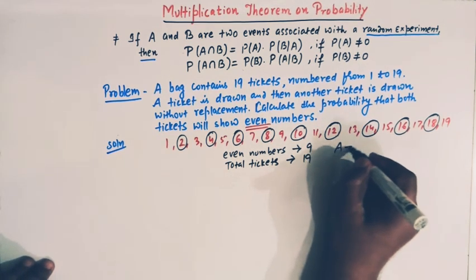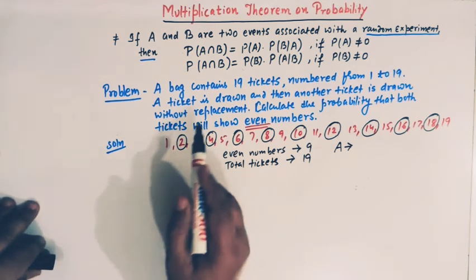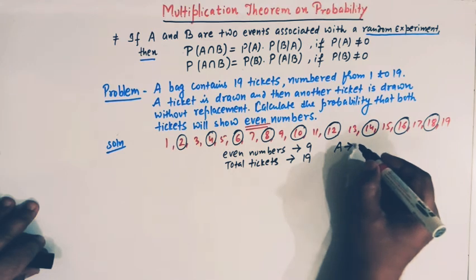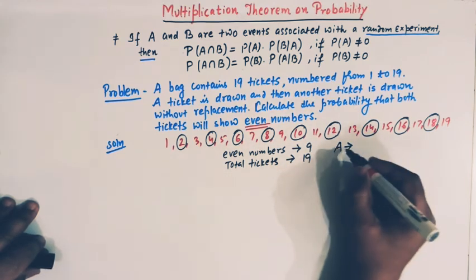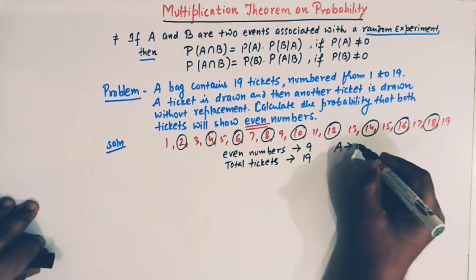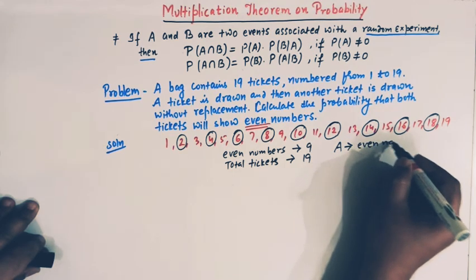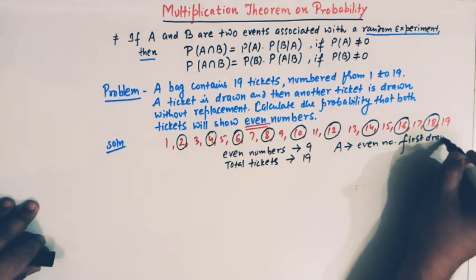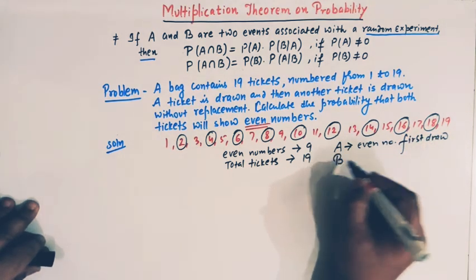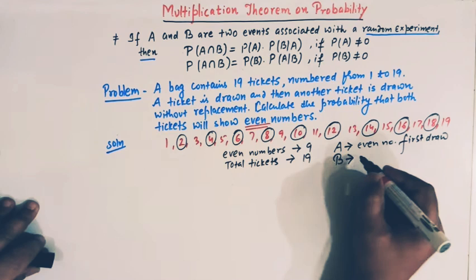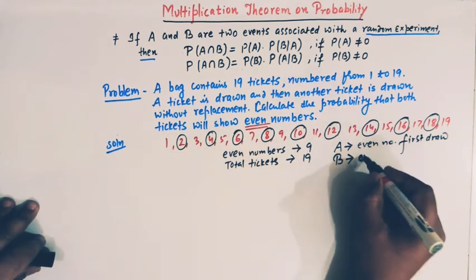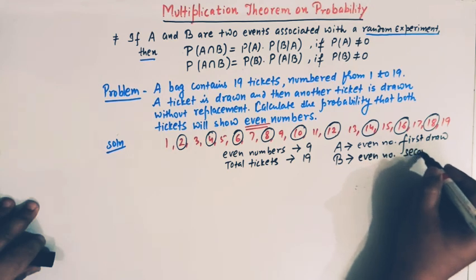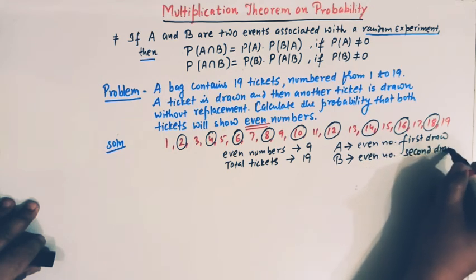Suppose A is the event when the first ticket is drawn, right? And it shows an even number. So A is the event when we have an even number in the first draw, right? And let us assume B as the event when it shows again an even number in the second draw, right?